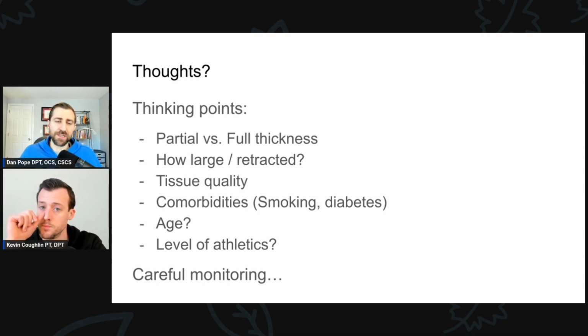Is it fully retracted? And two thoughts, right? If you have a retracted tear and it's large and you have a patient that's like 75, right? And they're happy with their life, happy with their function, I think it's reasonable to just say, hey, let's just do some conservative physical therapy with this thing. But if you have a patient that's like 40, we've had a couple of them recently with a large or massive cuff tear, and the surgeon believes there's a shot of repairing this, I'd probably repair this thing.